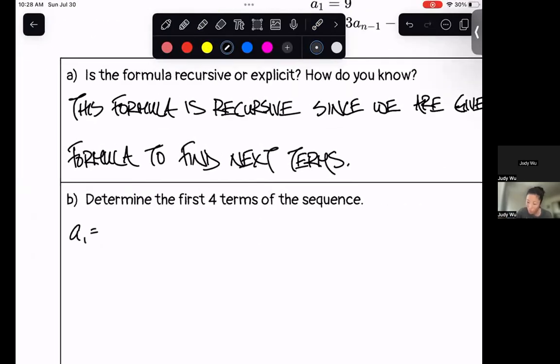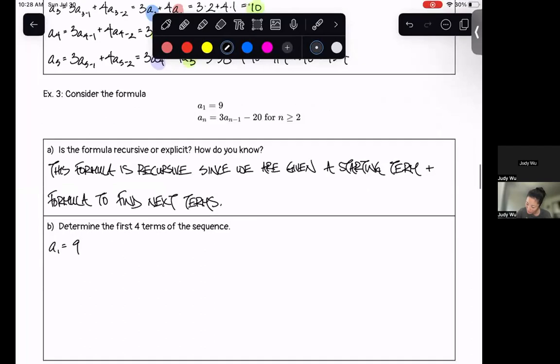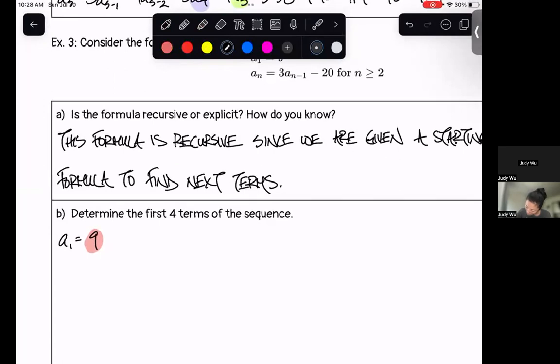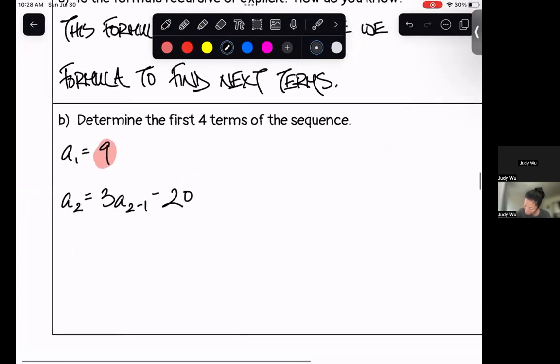So a sub 1, according to our starting value here, is 9. That is our starting value. In fact, let's go ahead and highlight that because we might need this in the very next one. All right, a sub 2 is 3 a sub 2 minus 1 minus 20.